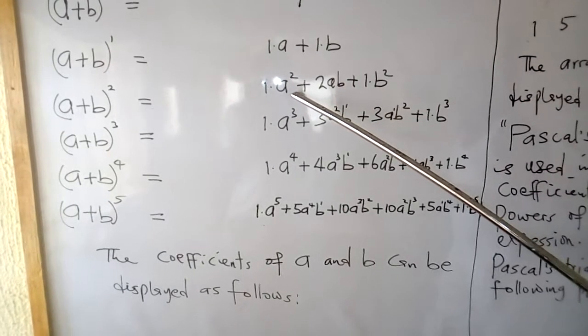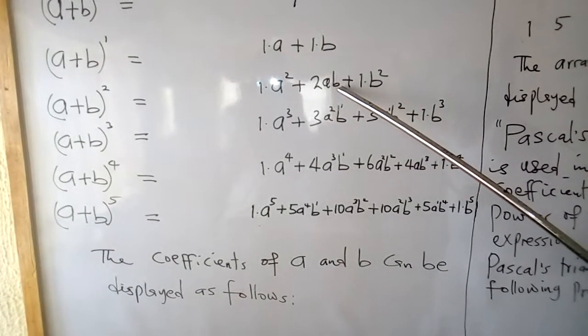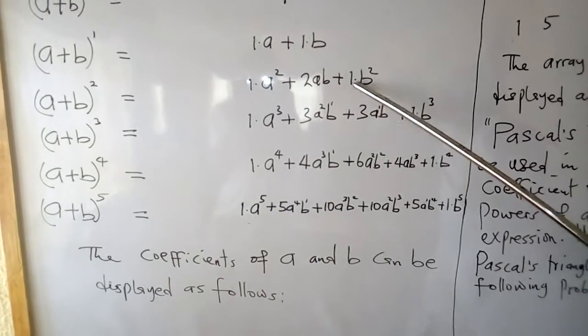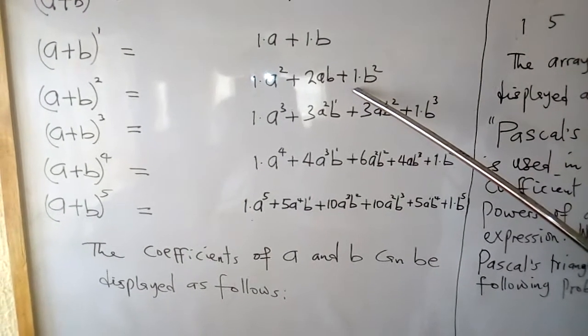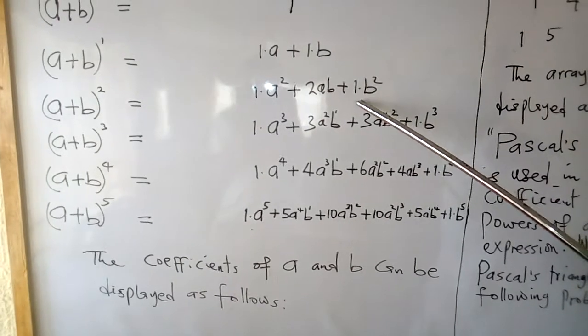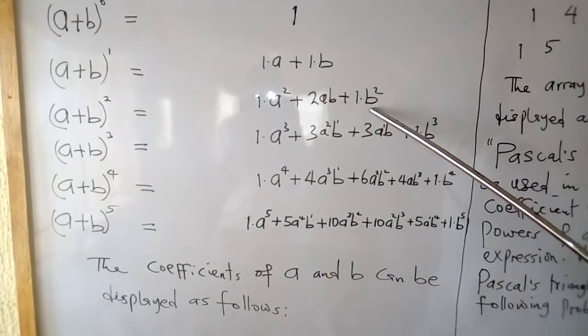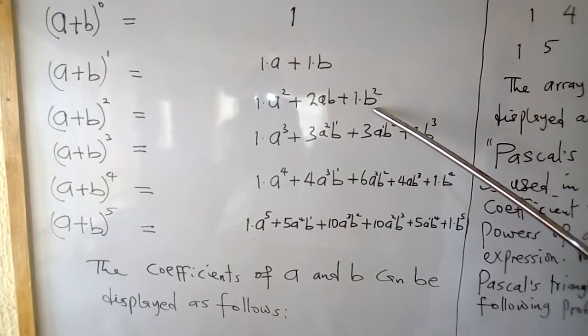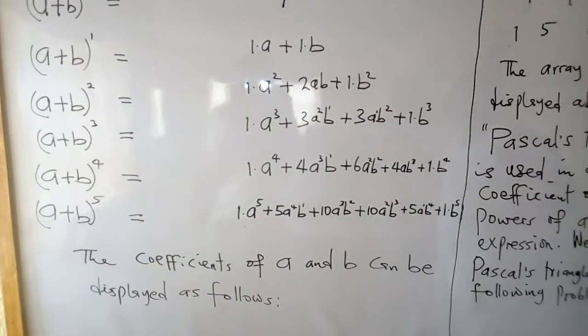Here b was raised to power 0, and here b is now raised to power 1. In the last term, a has decreased to 0, which means a raised to power 0 is 1. That's why there's a 1 there, even though we didn't write it. And then b has increased from 1 to 2.